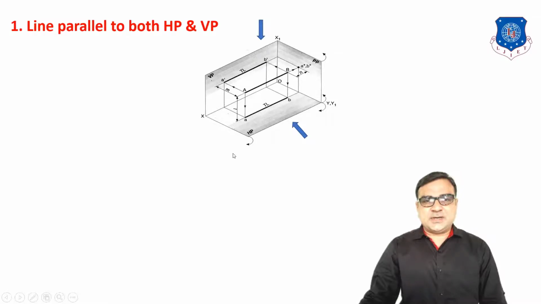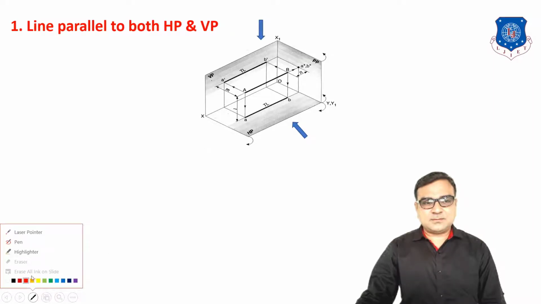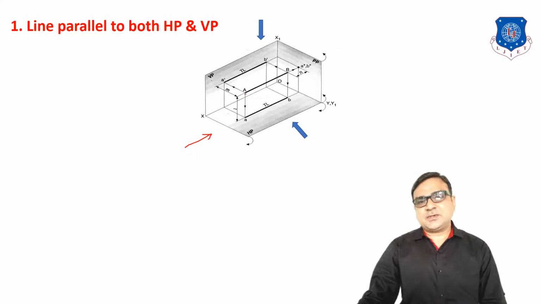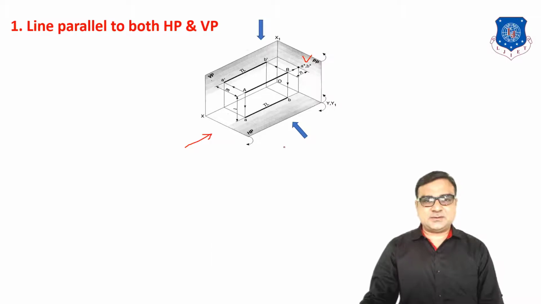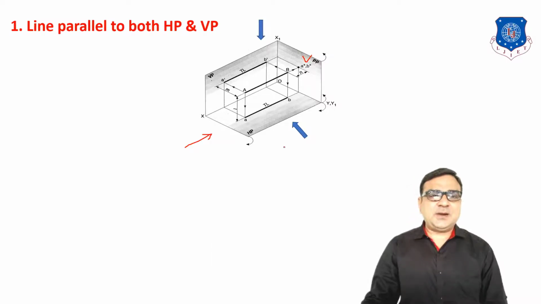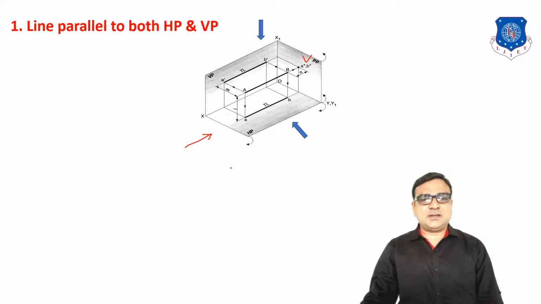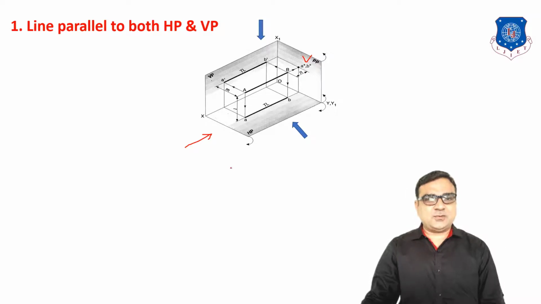In this way, if you observe the object from the left hand side view, suppose this is the position for left hand side view, the projection of A and B is obtained on the profile plane as A double dash B double dash. But at present we are interested in only the front view and top view.